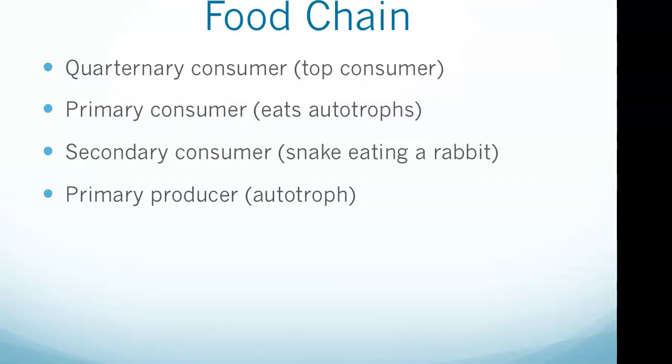If we look at the food chain, a quaternary consumer is the top consumer in the food chain. An example could be a hawk eating a snake. An organism that eats autotrophs, such as a rabbit eating grass, is a primary consumer. A snake eating a rabbit is an example of a secondary consumer. Primary producers are autotrophs, such as grass.